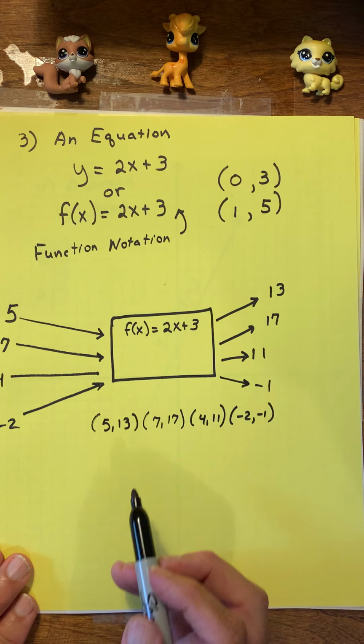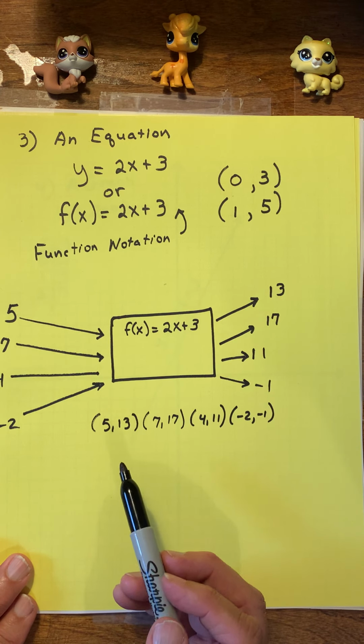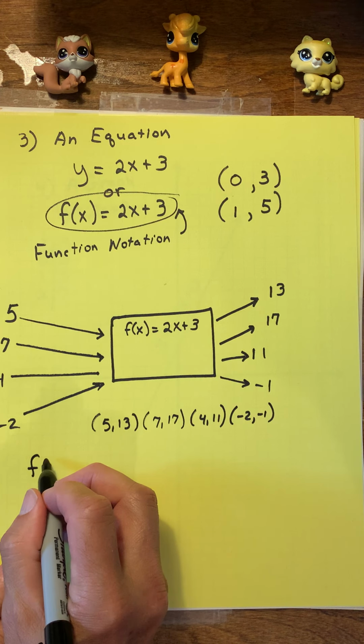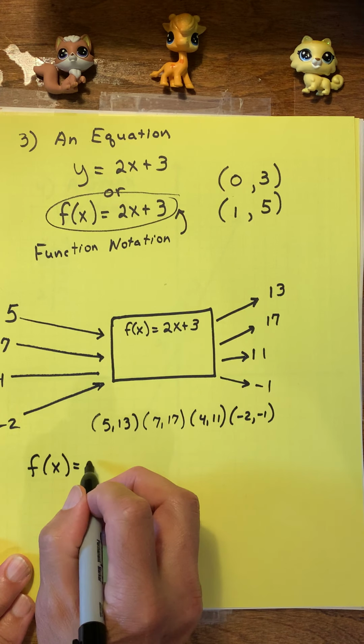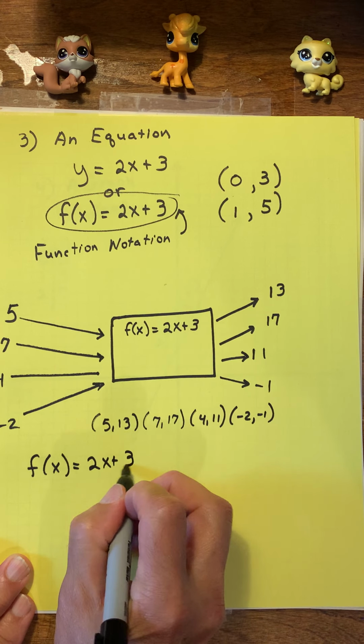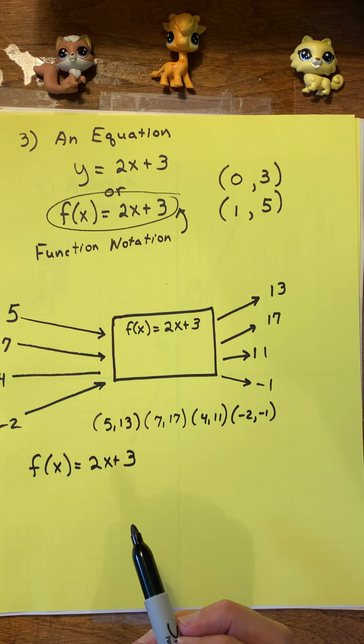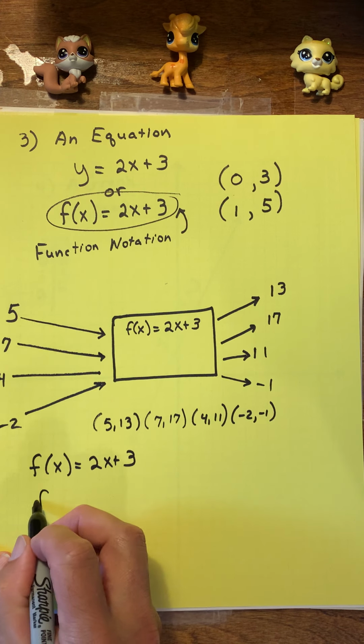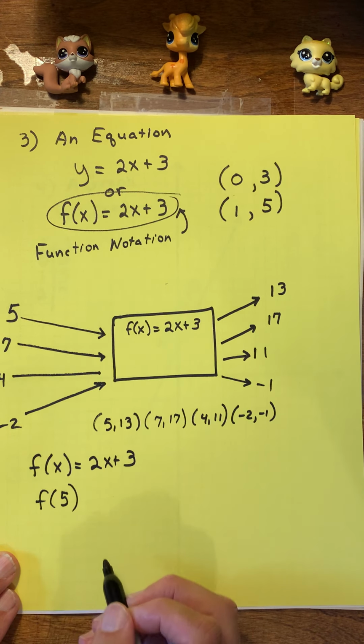All right. Hey, I can talk about something else once I have a function notation. Once I know, for instance, that f of x is 2x plus 3, here's something that Hawks is going to ask you. It's going to say, okay, what is f of 5?